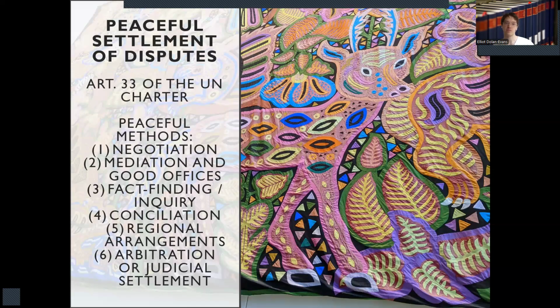And the fundamental character and universal acceptance of this method of settlement has been acknowledged not just by the ICJ, but also previously by the Permanent Court of International Justice, or the PCIJ. And so this is a common means of peaceful settlement.